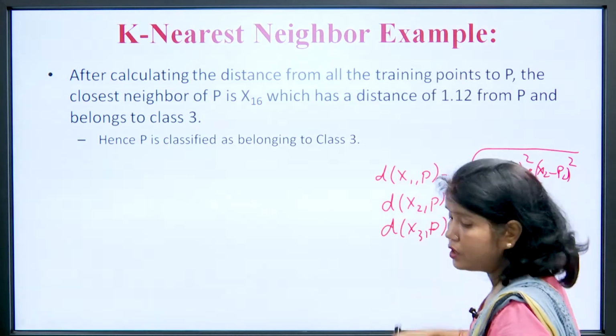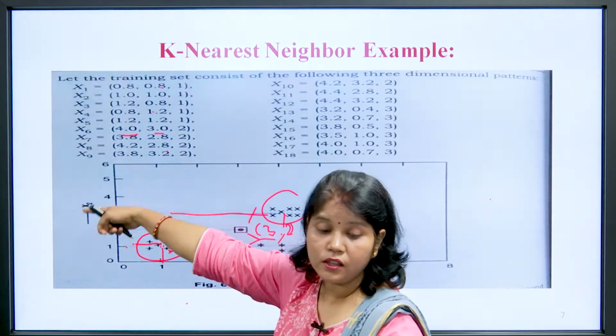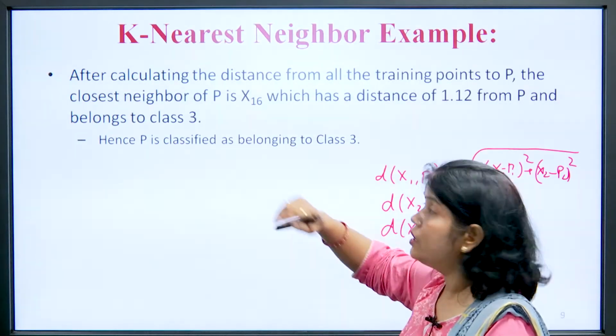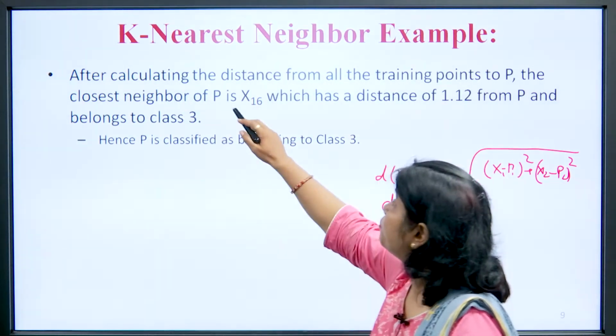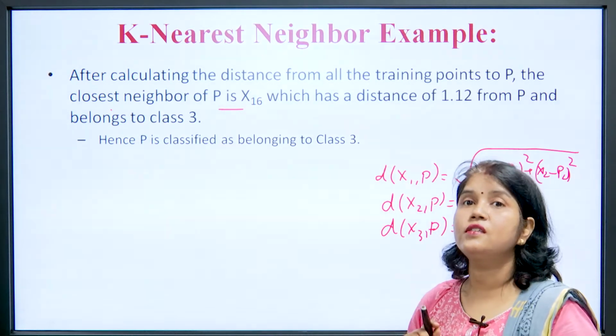In the same manner, you will find the distance from all the given training patterns, and you will see that the nearest, the closest neighbor of P is x16.